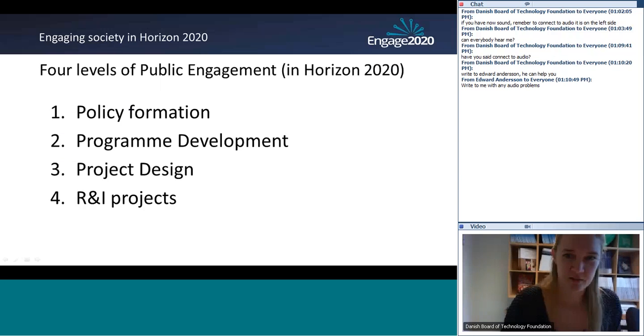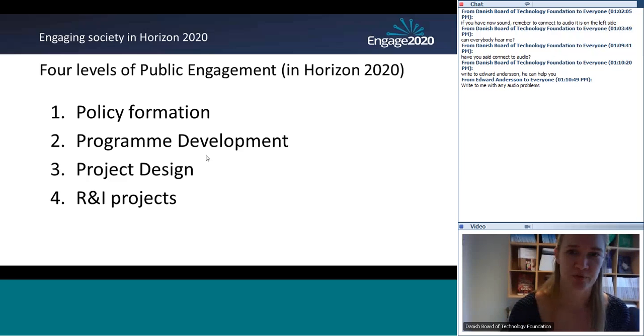In Horizon 2020, we work with 4 levels of public engagement. In research and innovation, these are 4 levels where we see that public engagement can be useful, can be included, and where it will have a purpose. One is policy formation. It can be policy on research and innovation, but also policy recommendations in connection to research and innovation.